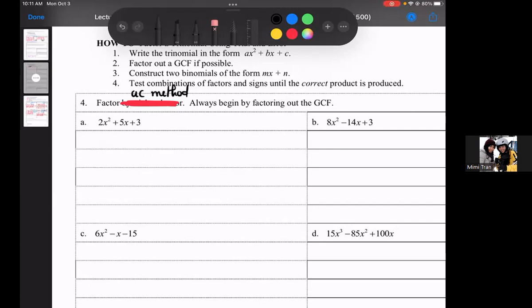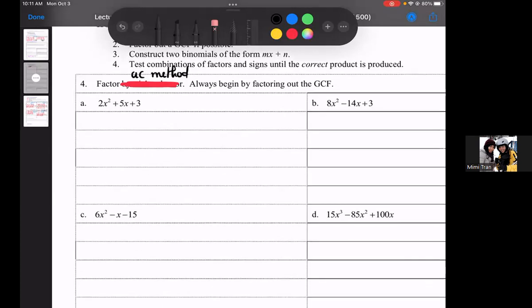If you're still new to this, I'll write out what's A, what's B, what's C. The more careful you are, the fewer mistakes you're gonna make.